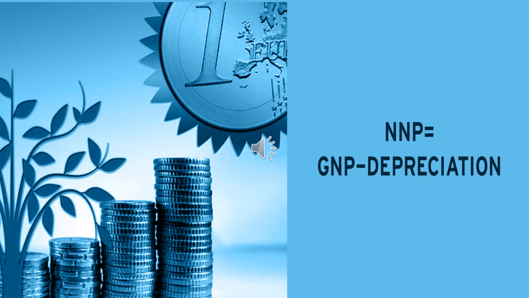Gross national product deducted by depreciation. So gross national product minus depreciation gives you net national product.